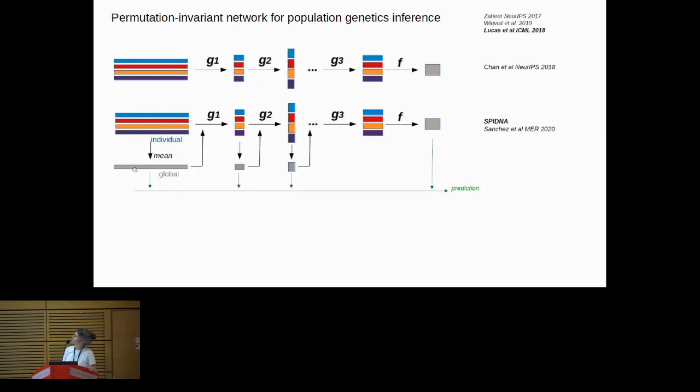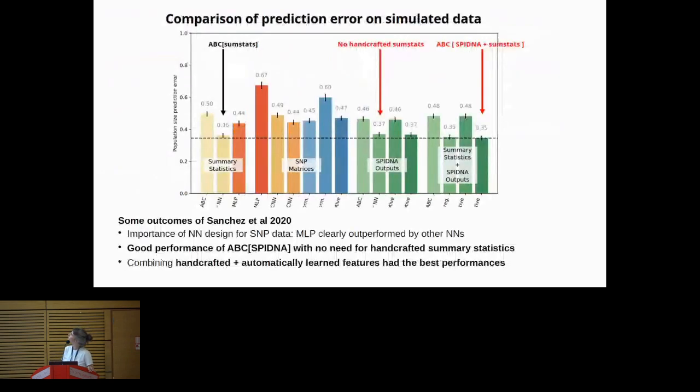And this invariant function is still just a simple mean. Okay, and we also use this global invariant function to do prediction through the network. And so I will not comment on all the results, which are many comparisons of many networks. I just want to comment on a few things, which is that we found that the ABC, with just summary statistics, is performing very well.